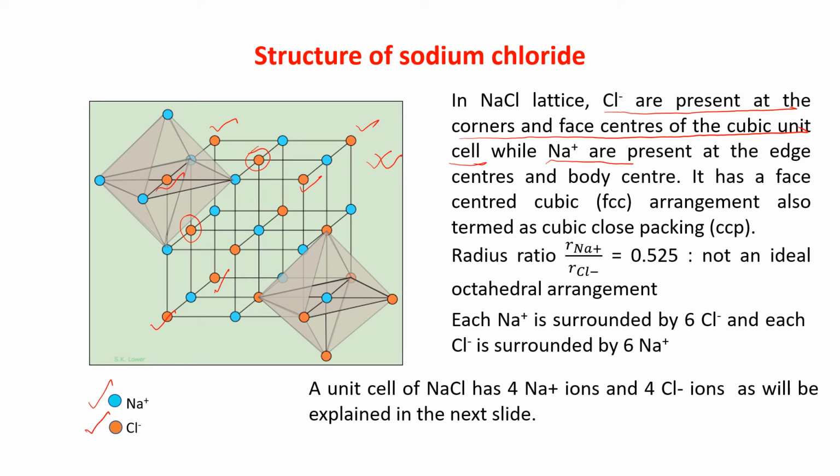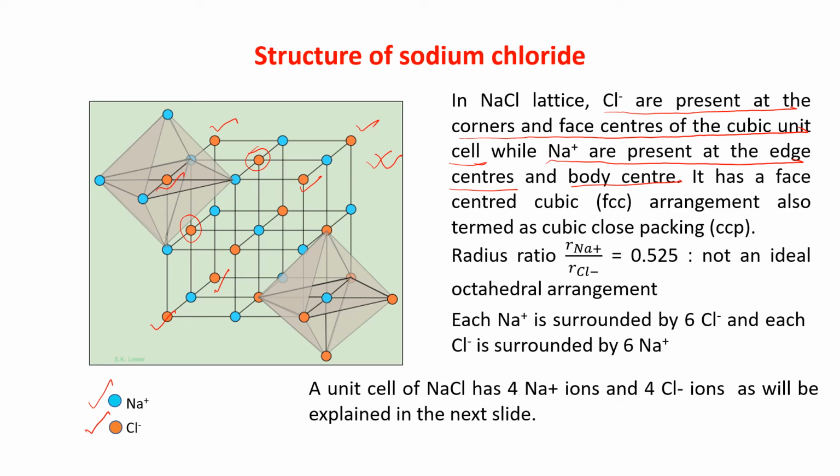While sodium ions are present at the edge centers. Now in a cube there are 12 edges. Just think about a room. Floor there are 4 edges, roof there are 4 edges, and 4 for the pillars. So there are 12 edges. Now in the 12 edges, 12 sodium ions are present, and 1 is present in the body center also.